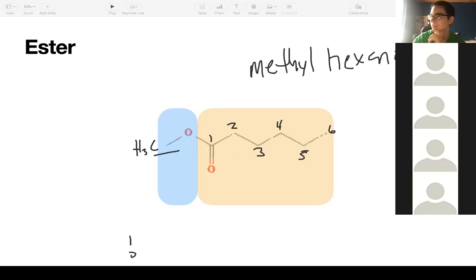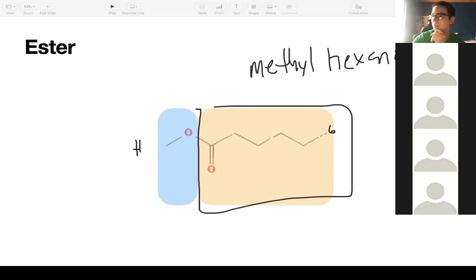So the longer chain is always the parent chain in a situation like this? In a situation like this, anything inside this orange box is the parent chain. So anything from the carbonyl group onward is the parent chain.